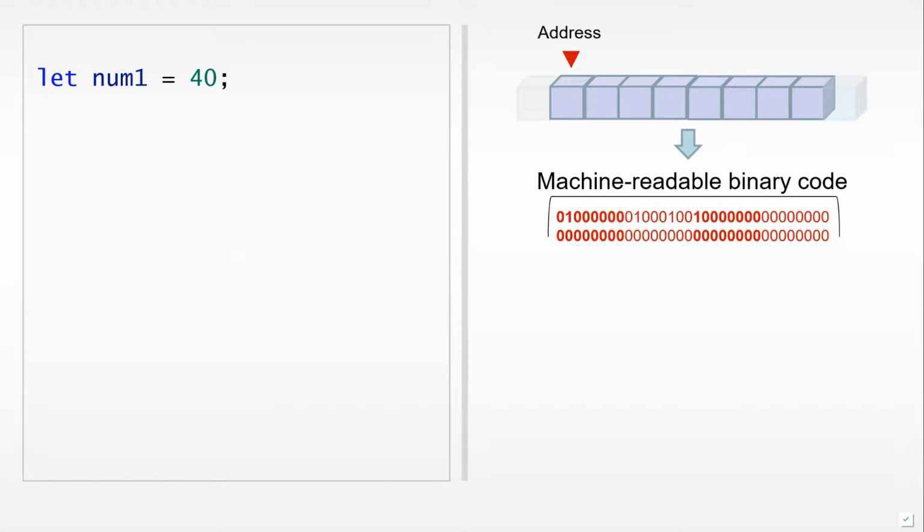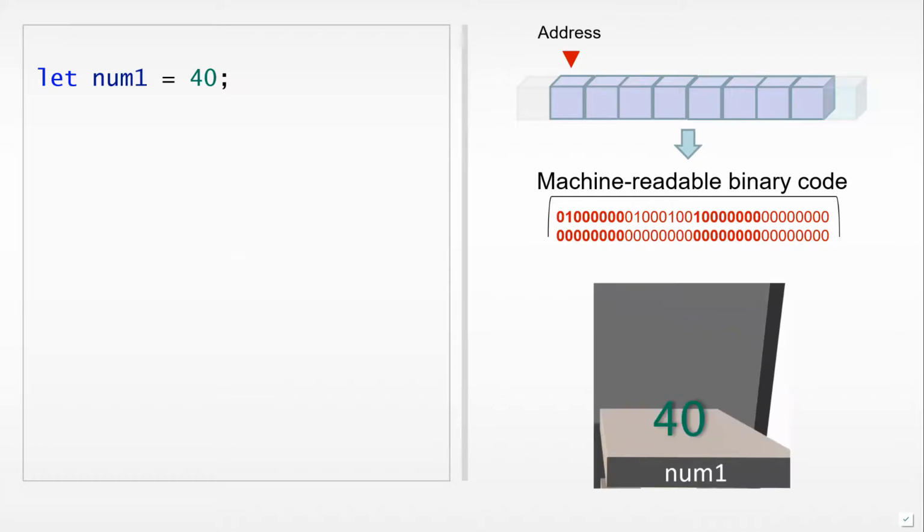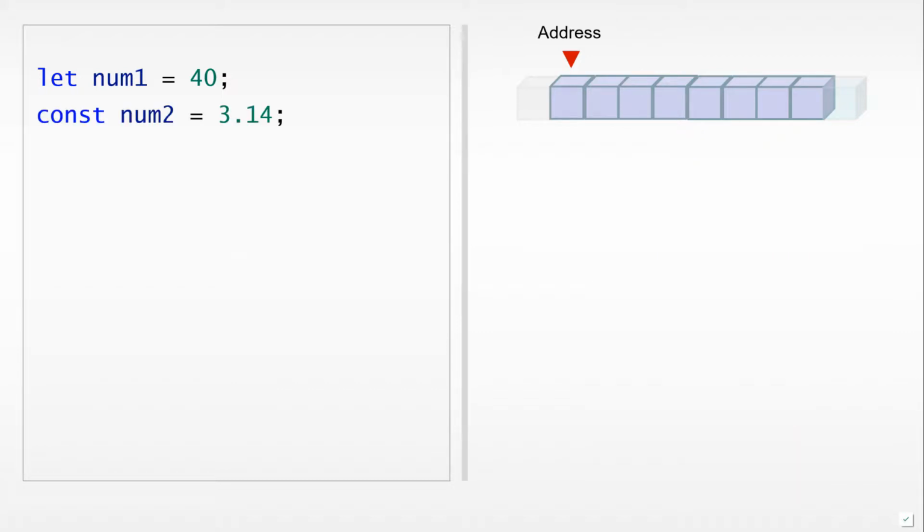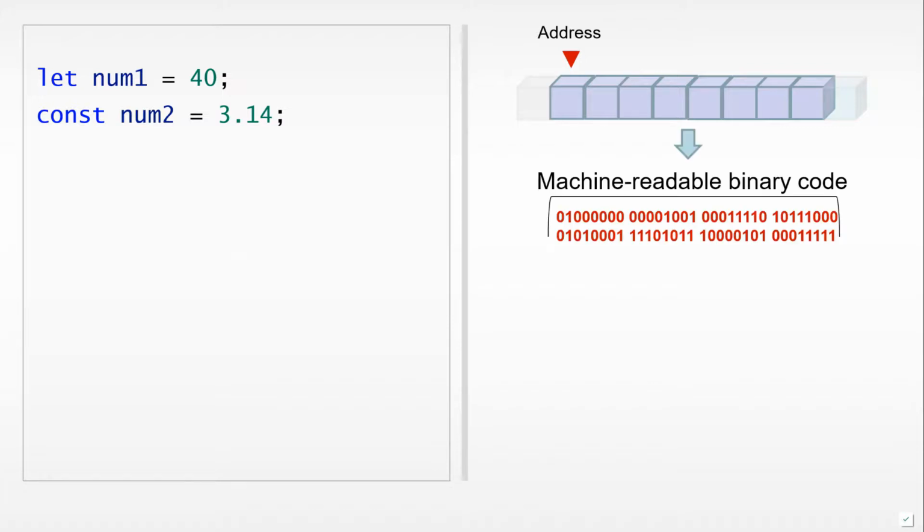Now, 8 bytes of data means that to save the number 40 in binary, we would be allocating 64 bits of data. Now, we can define integers such as 40 using the number type in JavaScript, but we can also define fractions. So for example, if we have the number 3.14, the number 3.14 would again go in 8 bytes of memory, which would consist of 64 bits of data.